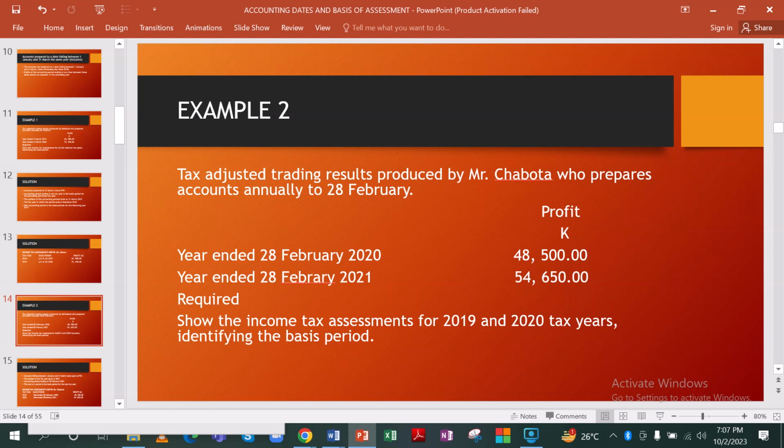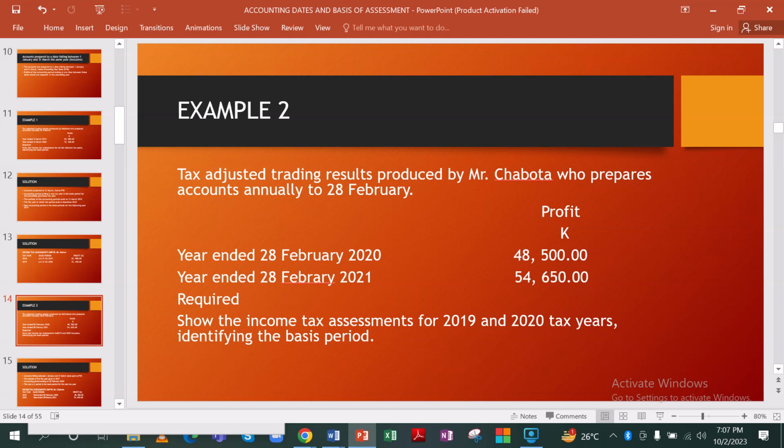So where does 28th February fall? It falls between 1st January and the 31st March. So meaning that you have to use the preceding year basis. So equally, you are going to use the tax year 2019 and the tax year 2020, since you are going to use the preceding year basis.